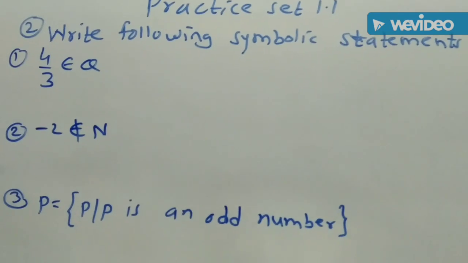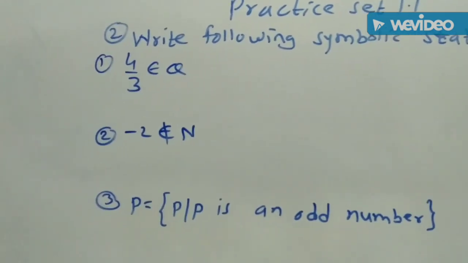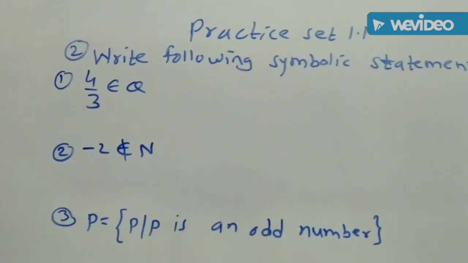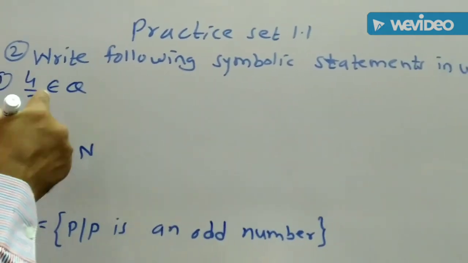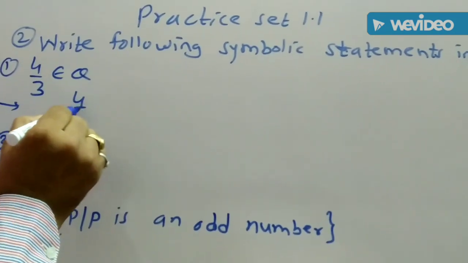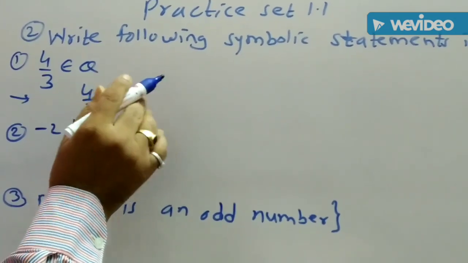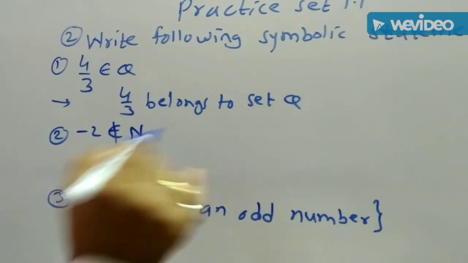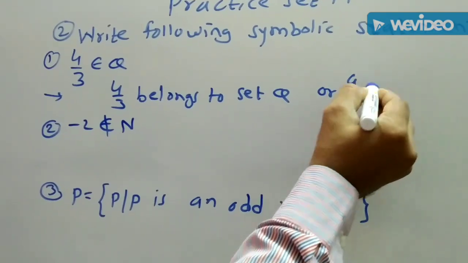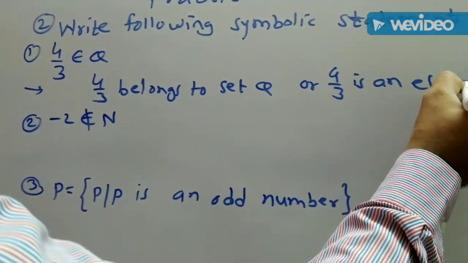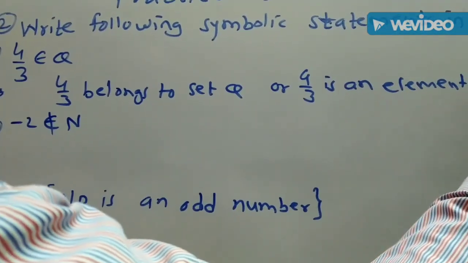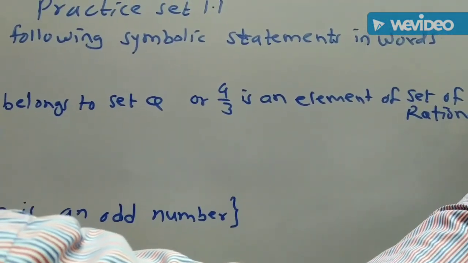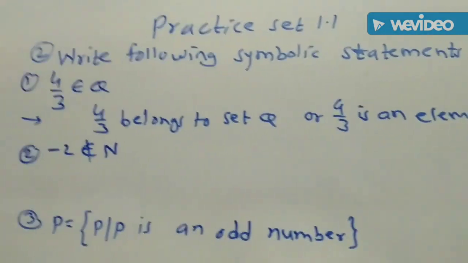Now the next example is: write the following symbolic statements in words. We have to be given symbolic statements and we have to write them in words. Now, 4 upon 3 belongs to Q. That is, we write 4 upon 3 belongs to the set Q, or 4 upon 3 is an element of the set of rational numbers, because Q is the set of rational numbers.